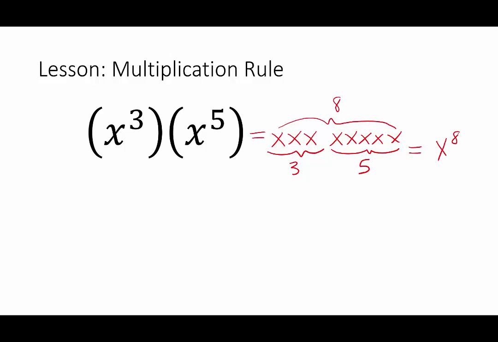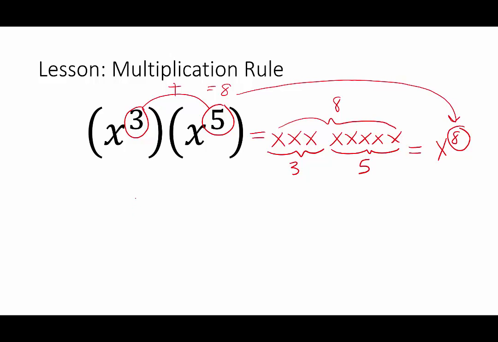What do you notice about these exponents and this power right here? You should notice that these two powers, when added together, are equal to 8, which is the same as this power over here.